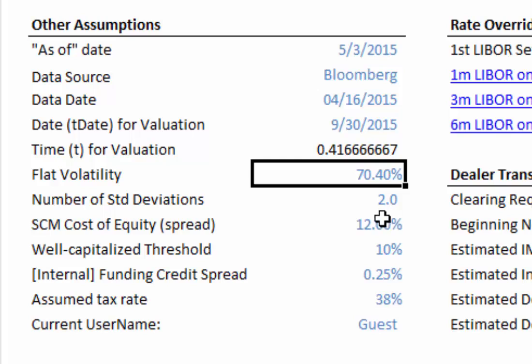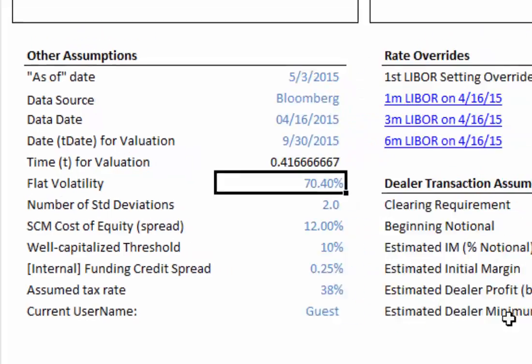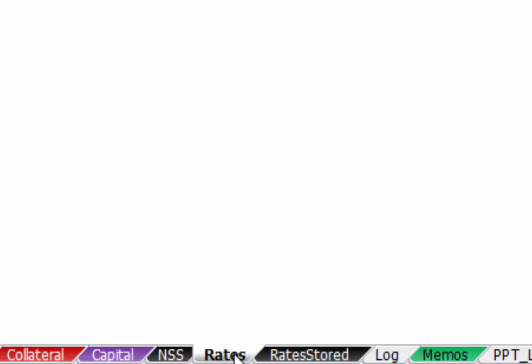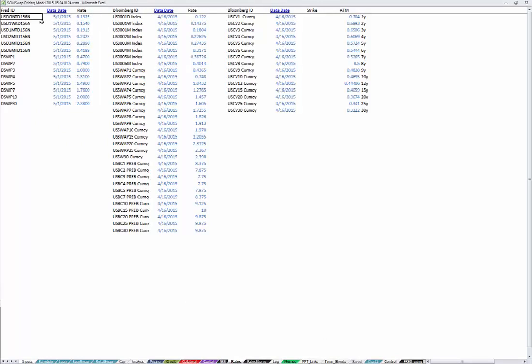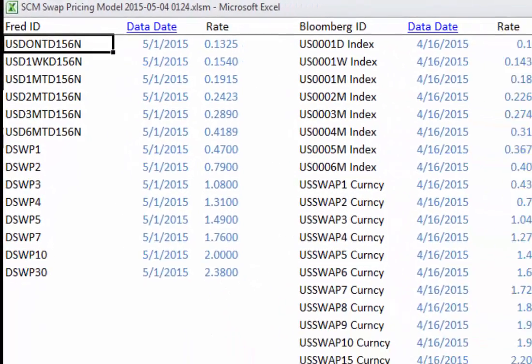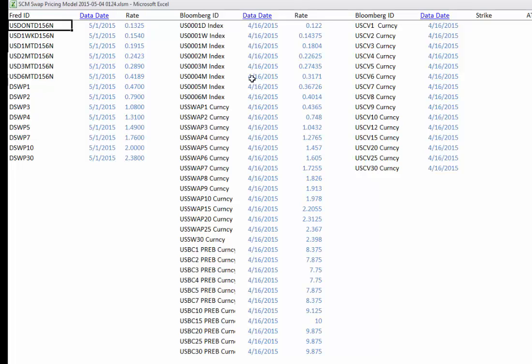I guess the only remaining question is, where in the model are these implied volatilities coming from? Where are they coming from before they get to the model, and where are they stored in the model? I take a look over here at the rates tab, and I see where the Fed rates come in and the Bloomberg rates come in for LIBOR and swap rates and basis.